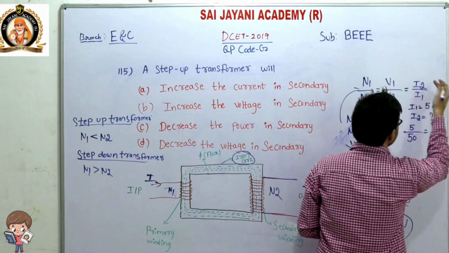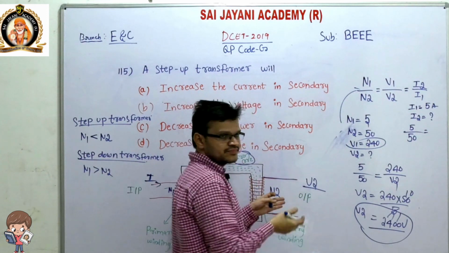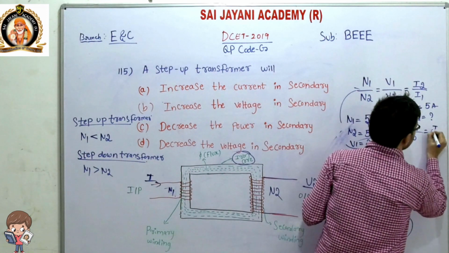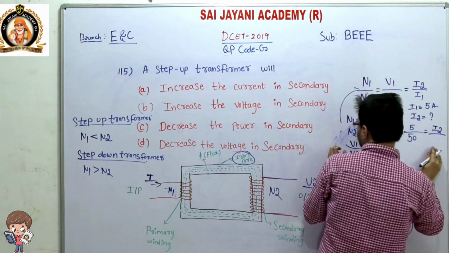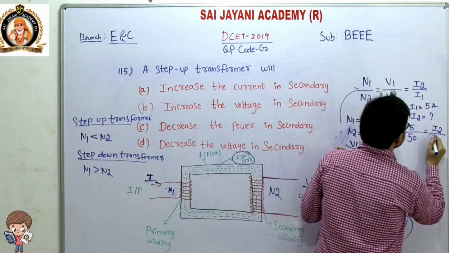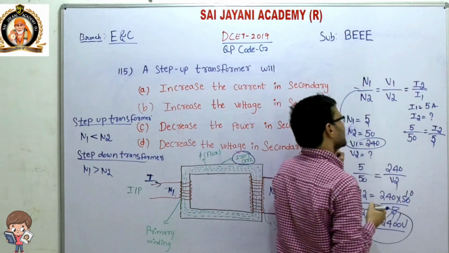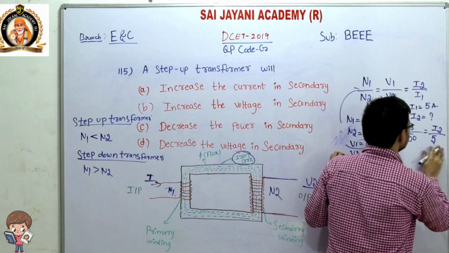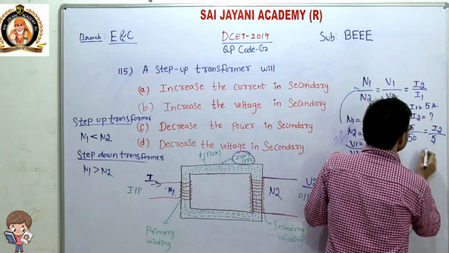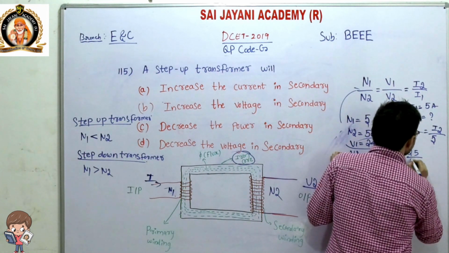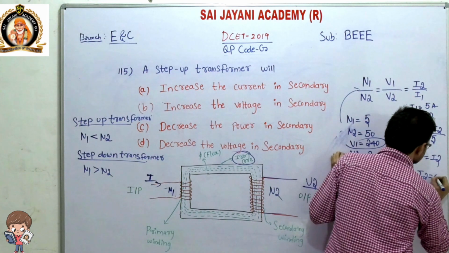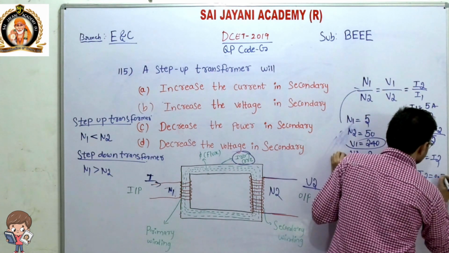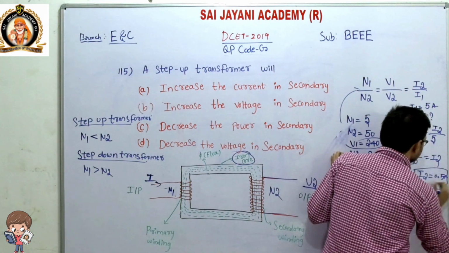I2 is the current flowing at the secondary winding, we are finding that current, and I1 is the input current. We are giving a current of 5 amperes to the primary winding. So 5 fives are 25, divided by 50, is equal to I2. So we are getting I2 as 1 by 2, and 1 by 2 is nothing but 0.5 ampere.